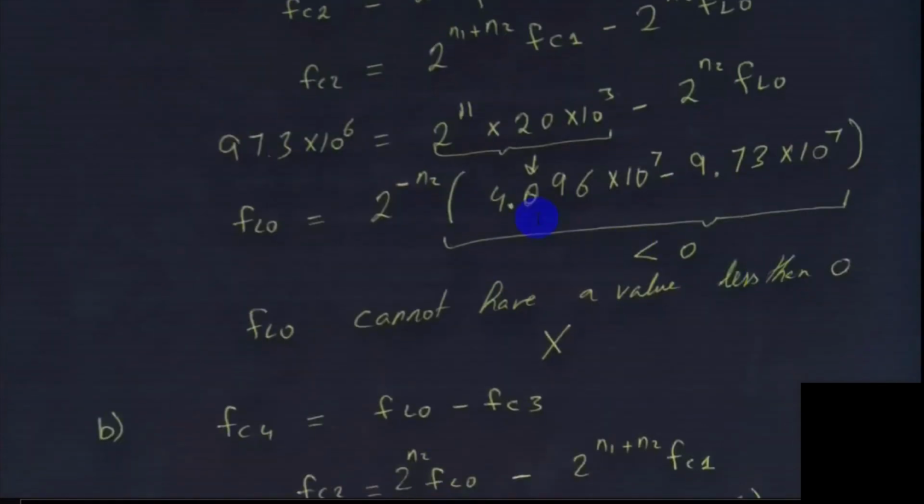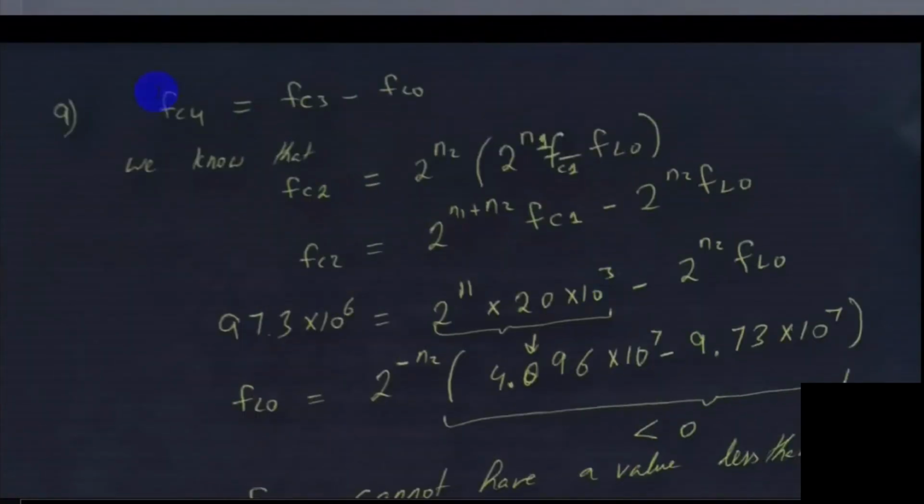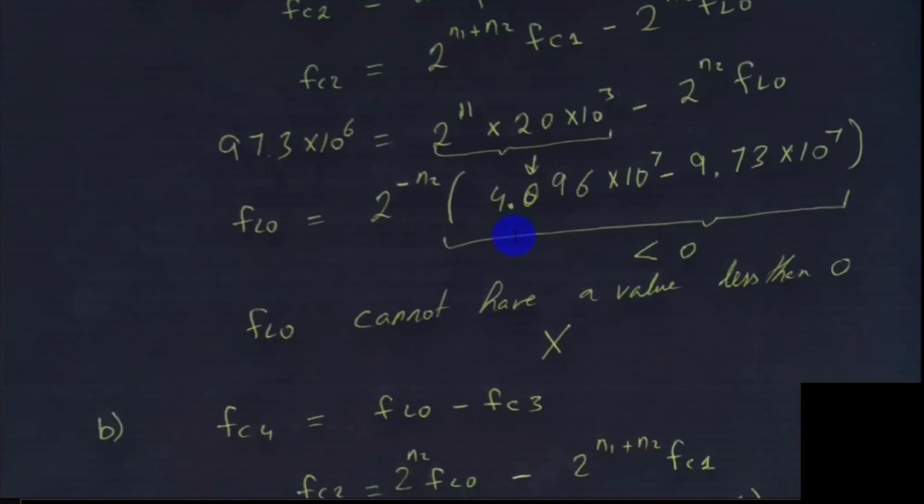You can observe that this number is smaller than this number, so overall this whole thing would be negative. If this is negative, the frequency is negative, and that is not a solution. So the first option, you can reject. We cannot work further as the local oscillator is giving us a negative value.